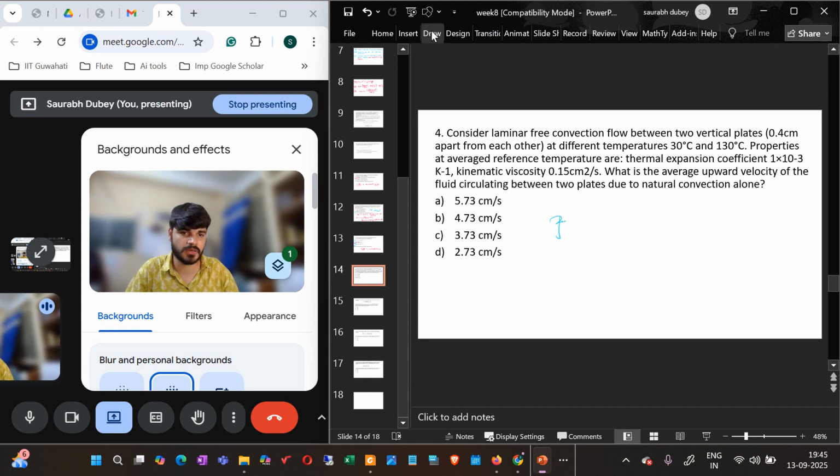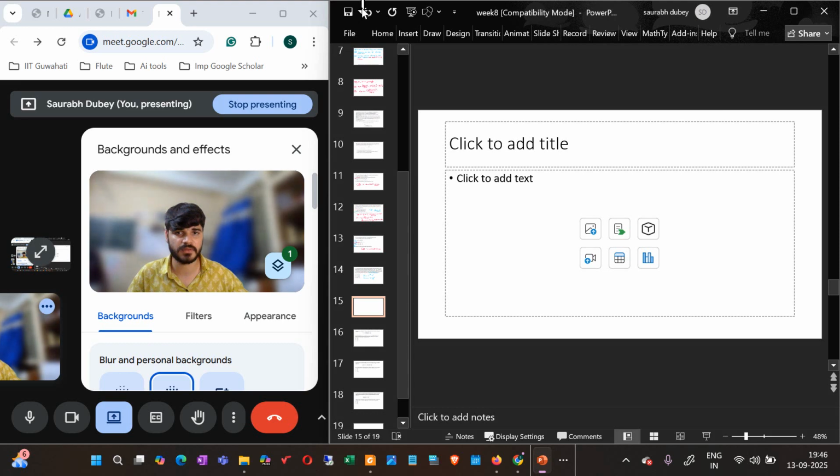The value of beta you are having as, okay, and then kinematic viscosity that you are having is, what is the average upward velocity of the fluid circulating between the two plates due to the natural convection. This is important, right? So let us just do the calculations of a given problem, then we can actually see.